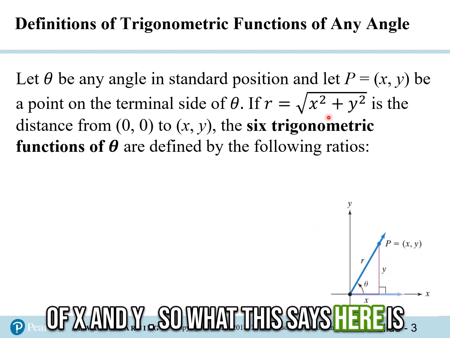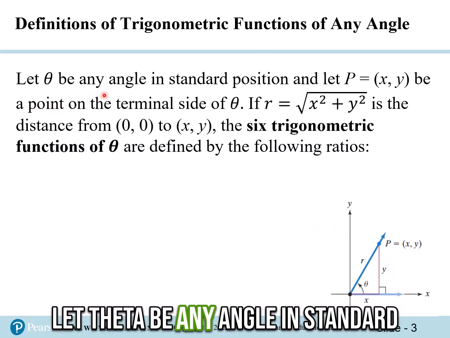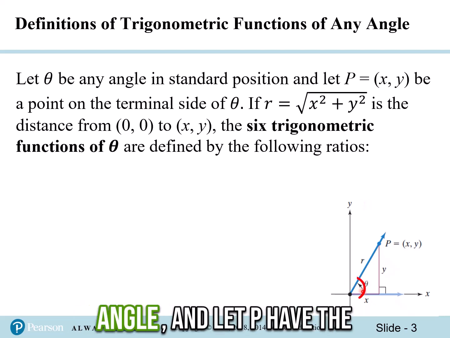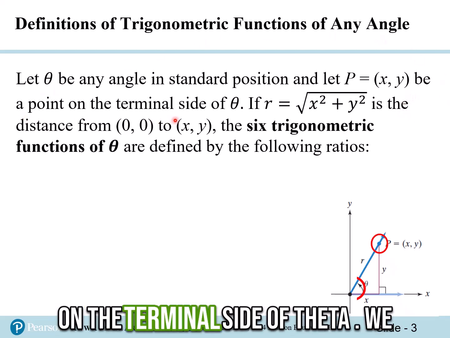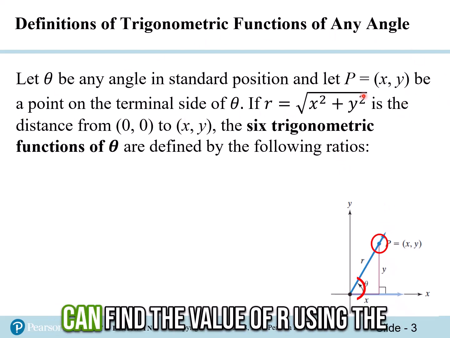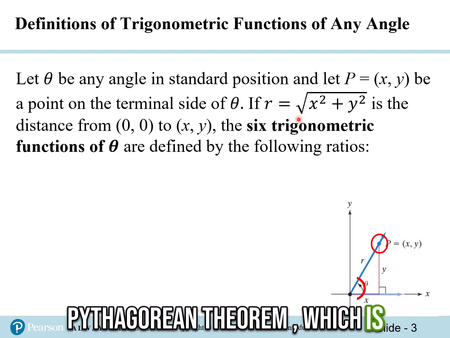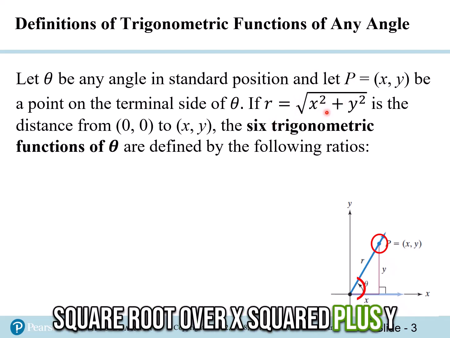So what this says here is let theta be any angle in standard position, which is the central angle, and let P have the coordinates x, y. It's a point on the terminal side of theta. We can find the value of r using the Pythagorean theorem, which is the square root of x squared plus y squared.